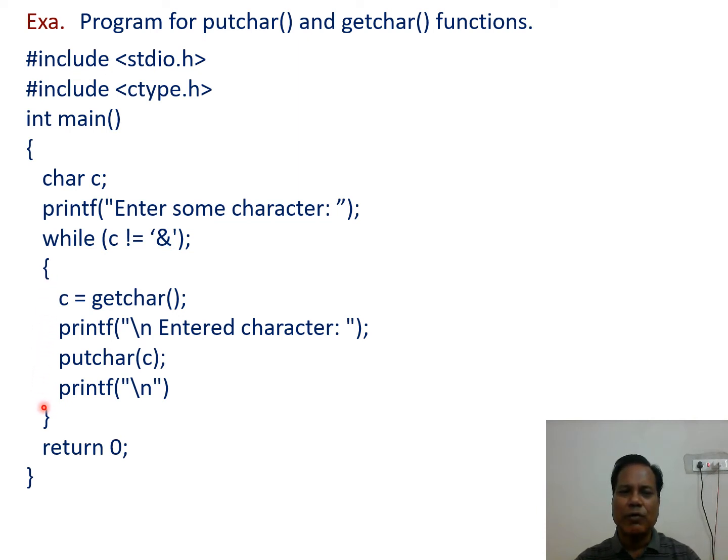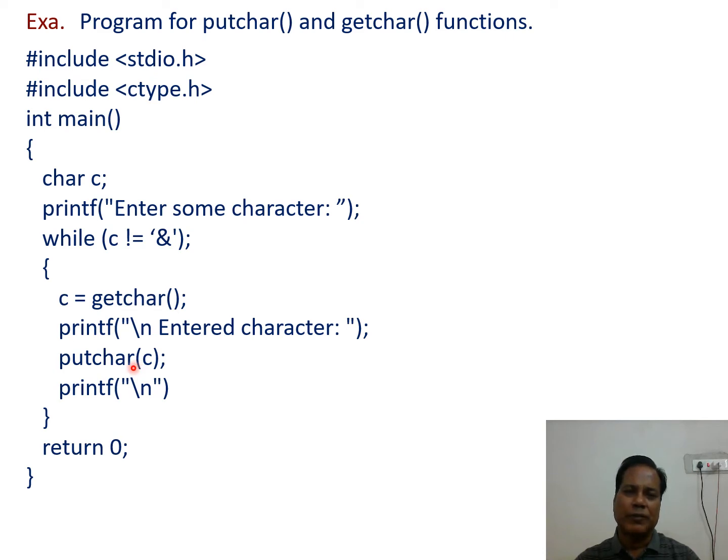In the body of the while loop, c equals getchar. Whatever character is entered by the user except the ampersand sign is taken in and stored in the character type variable c. Printf Entered character colon. Then this message is printed on the output screen, and using the putchar function, the entered character is written on the output screen.